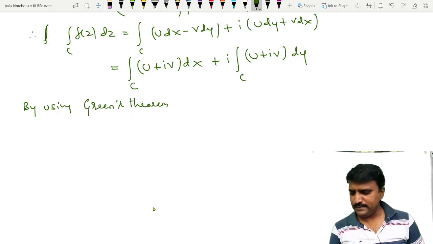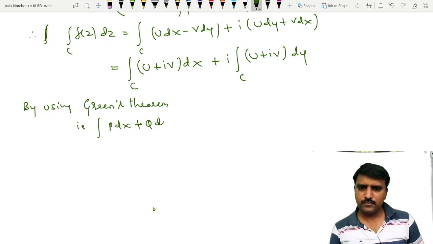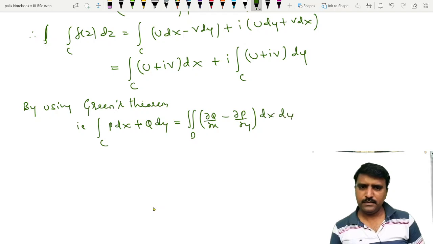What it states, Green's theorem, is that the integration of p dx plus q dy over C is equal to the double integration over D of del q by del x minus del p by del y into dx dy. This is Green's theorem.